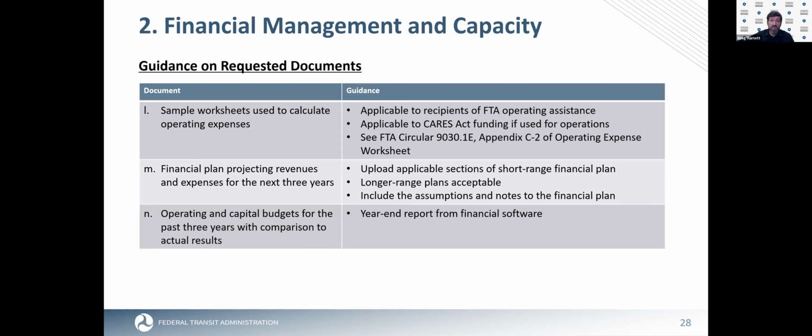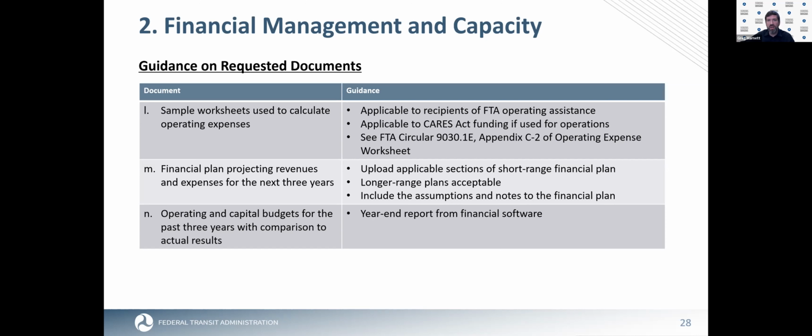If you haven't previously received operating assistance, but you're using CARES Act funding for that, another important thing to note would be the federal percentage. As you probably know, for CARES Act, everything is 100% federal, whereas typically the operating split is 50% federal, 50% local. So keep an eye on the source of funding, what the federal percentage is, and also in calculating your operating expenses, you of course want to eliminate any ineligible costs.